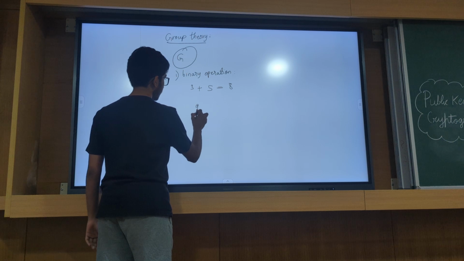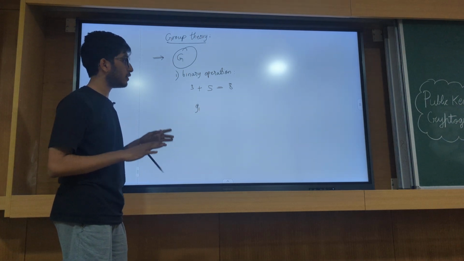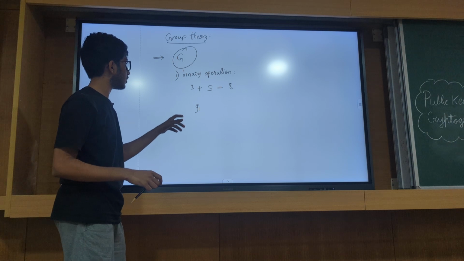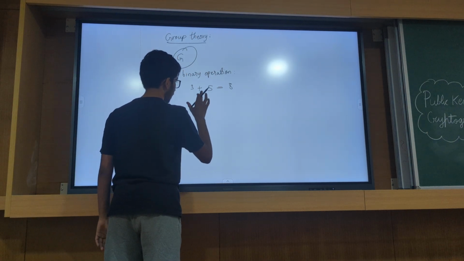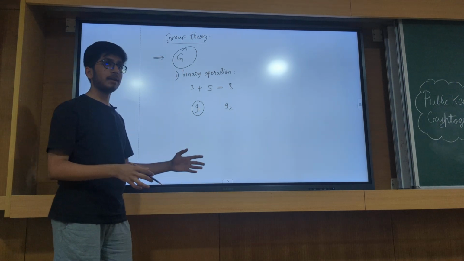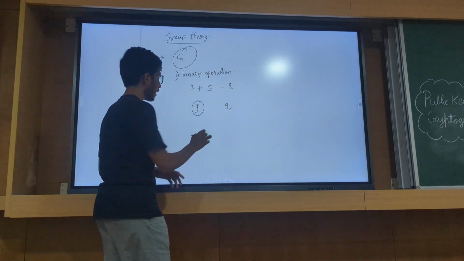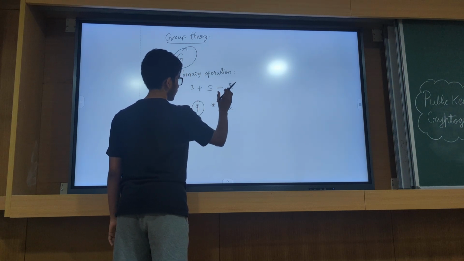If you take some element, what exactly do I mean by element? It is discrete, so think of it a bit rigorously. Let's say G1 is some element, G2 is some element, it may be a number, it may be a matrix, it may be anything. And define an operation between these two, G1 star G2.